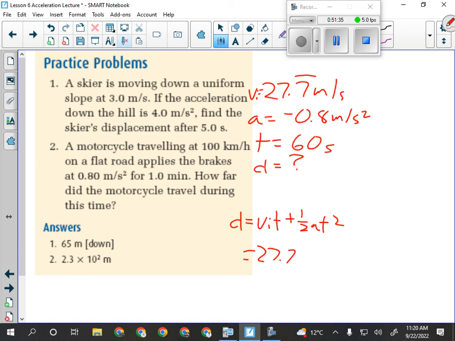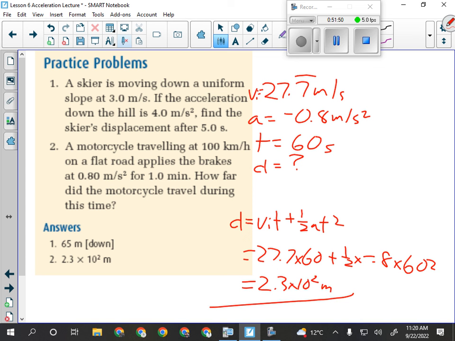So our 27.7 times 60 plus 1/2 times negative 0.8 times 60 squared should give us 2.3 times 10 to the 2 meters, or 230 meters during that time.